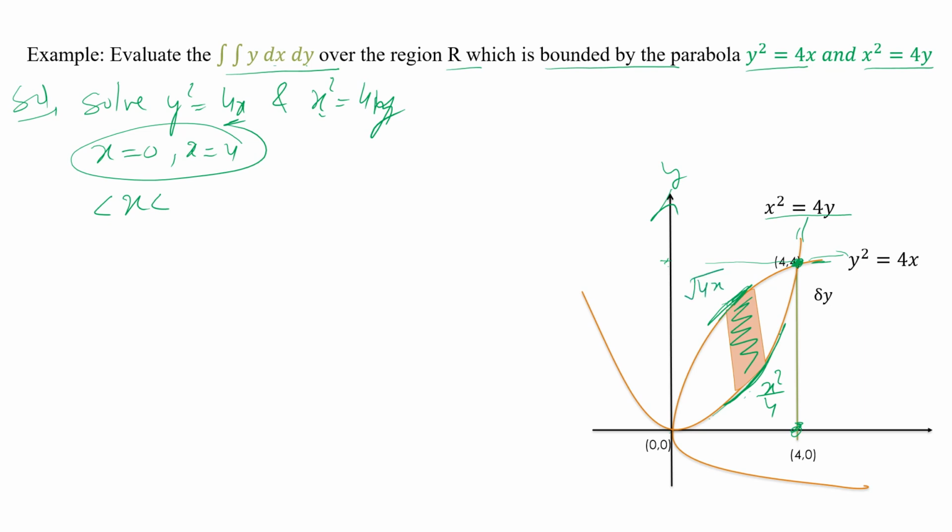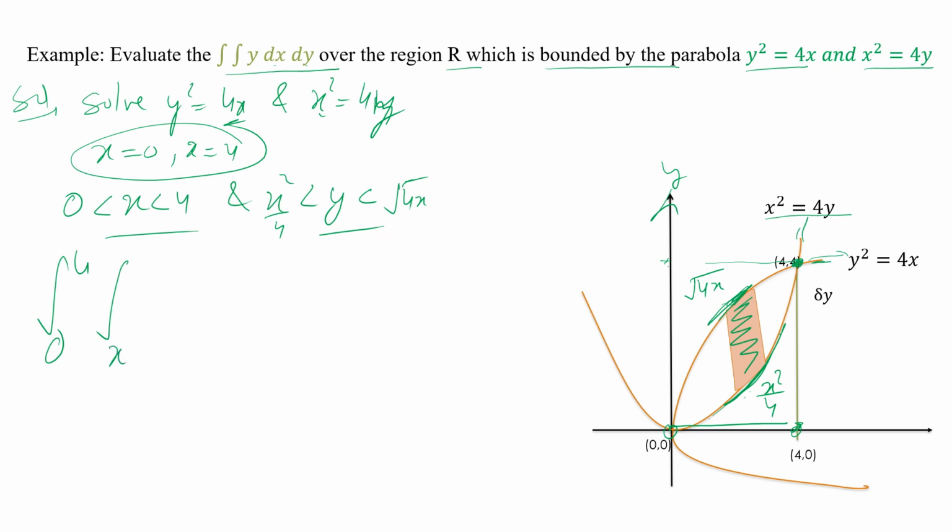So we can say x varies 0 to 4 and y varies x square by 4 up to root 4x. So now take the integration, you take the limit 0 to 4, x square by 4 up to root 4x, y dy dx.